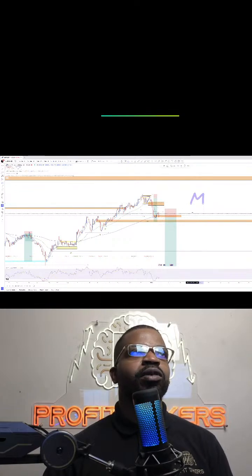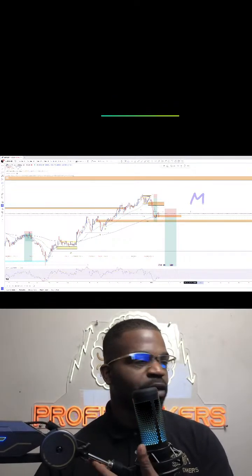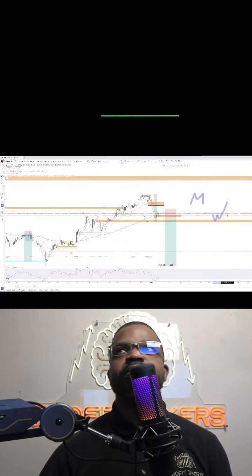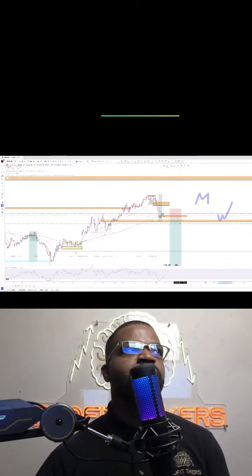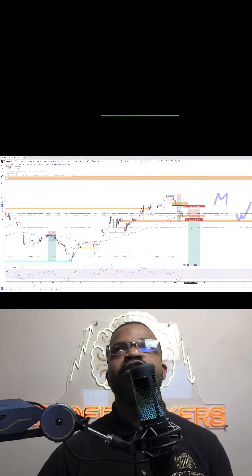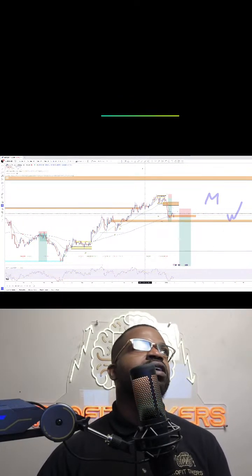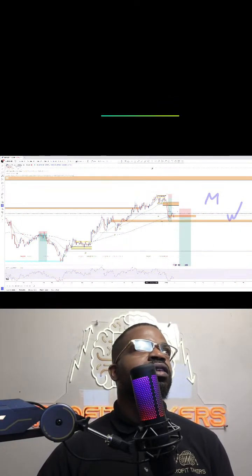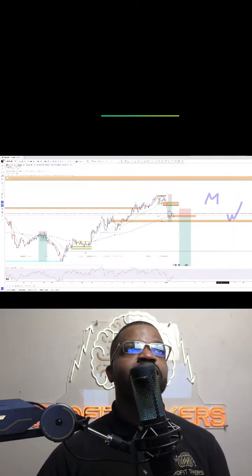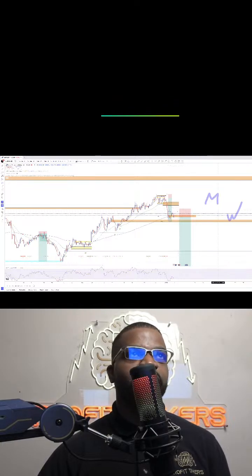So, really cool if you guys don't know or didn't know. A double top, or this pattern that looks like an M, and a double bottom, this pattern that looks like a W. They're reversal patterns, and they show you when a trend is going to change. So if you see price going up and at the highs it forms this, it's about to come down.